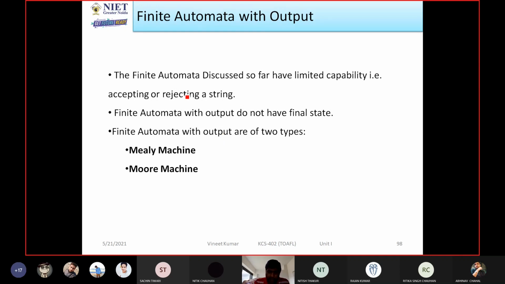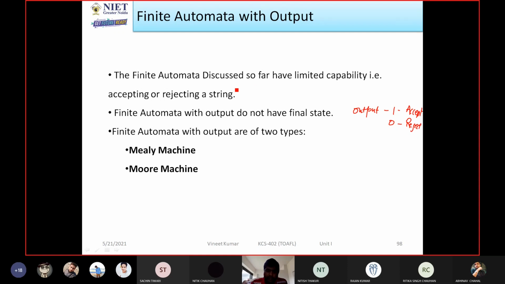But in the case of finite automata with output, there is no such final state. We accept the string when the output is 1. 1 is used for acceptance and 0 is used for rejection.